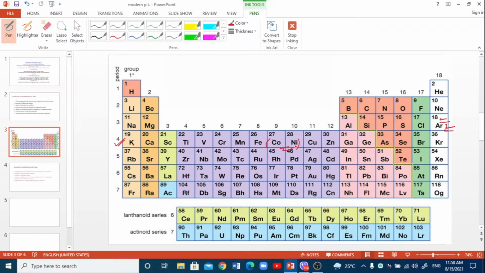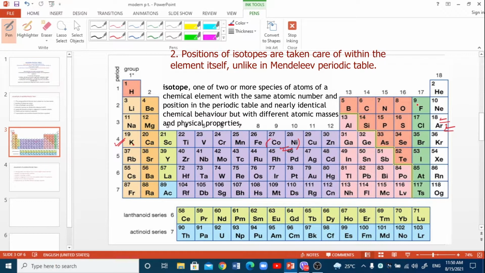Now number 2 is isotopes. So isotopes are the species of the elements which have different atomic weights but same atomic number. When elements were kept in increasing order of atomic number, then one element needed only one position. There was no need of an element having two positions.